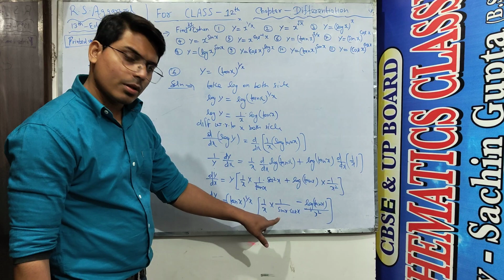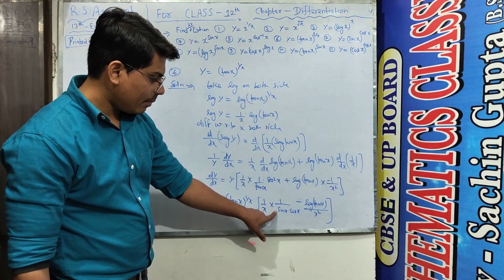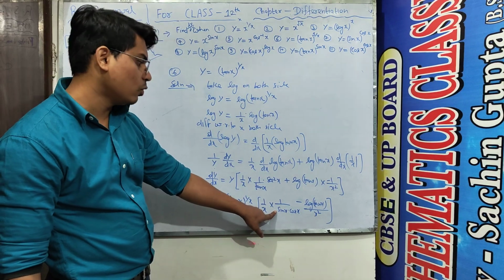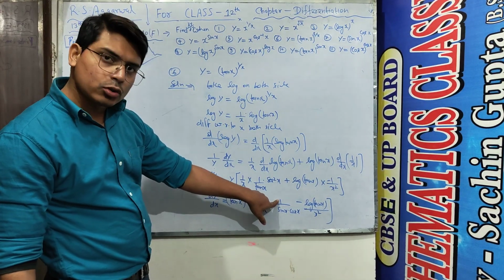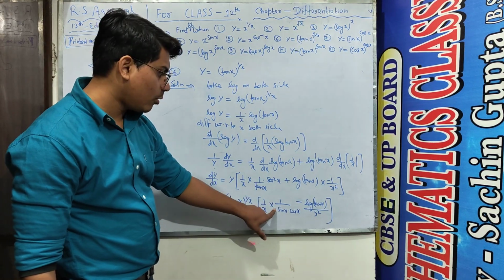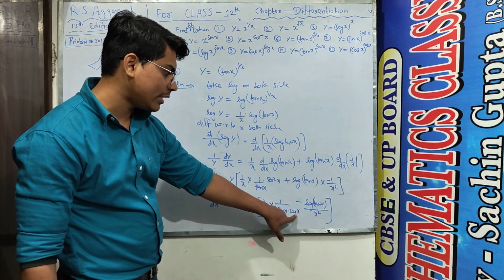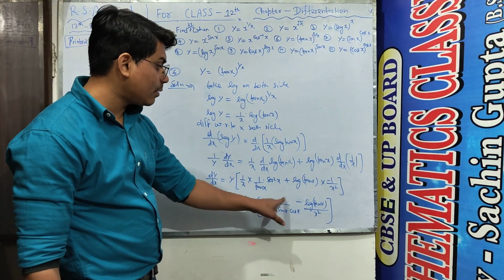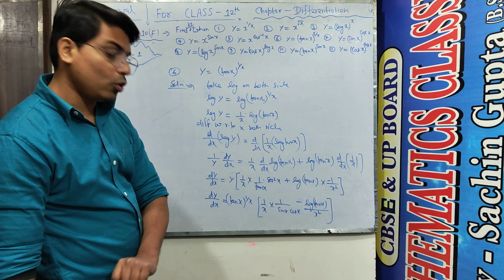Now, if I multiply this term by 2, I have to multiply this one also by 2, and this becomes sine 2x. This is the formula of sine 2x: 2 times sine x into cos x is sine 2x, and this goes upside, then it becomes cosec 2x.